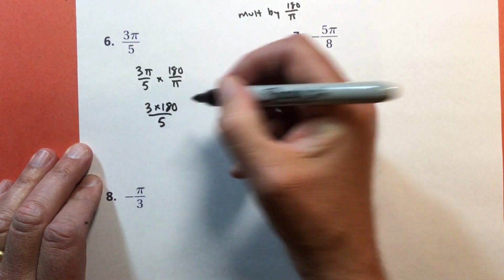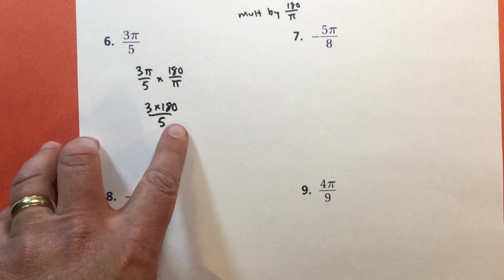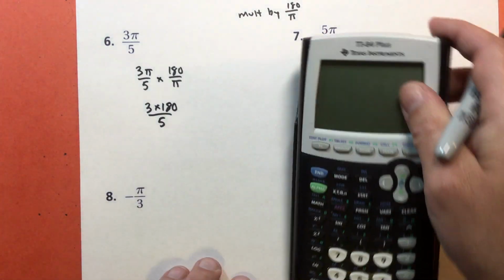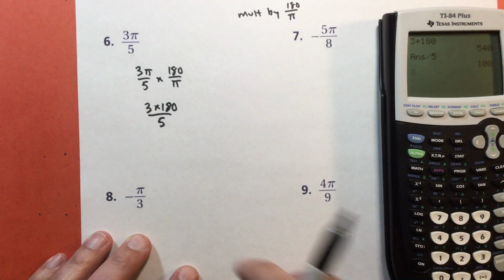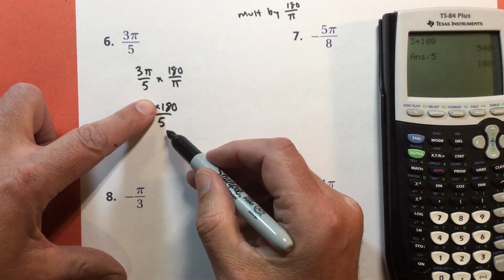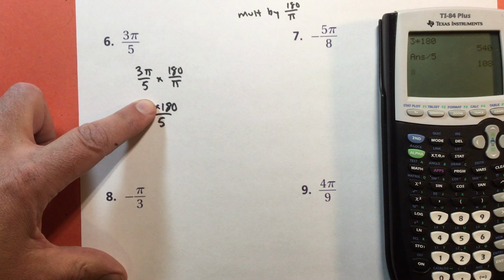Now, you can do this any way you want. You can multiply 3 times 180 divided by 5. I'll show you what that looks like. 3 times 180 divided by 5, and I got 108. Or you can divide 180 divided by 5, which would be, let's see, 20, 30, 36.